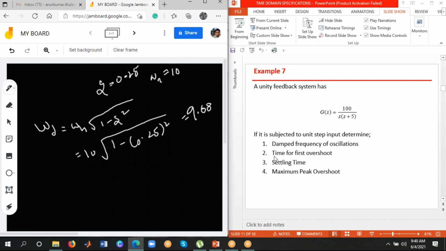Next, second one, time for first overshoot. What is the value for this second question? Time for first overshoot.